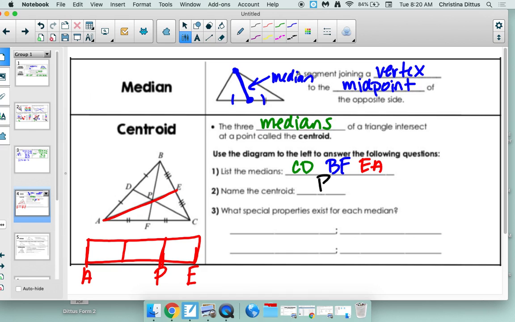Okay? So in terms of the whole line, AP is 2/3 of the whole line AE. And PE is only 1/3 of the whole line AE.